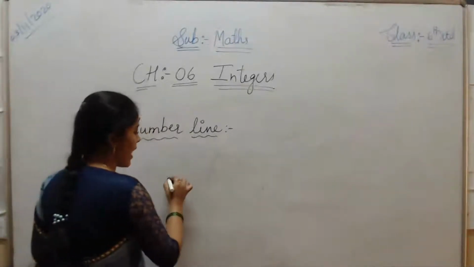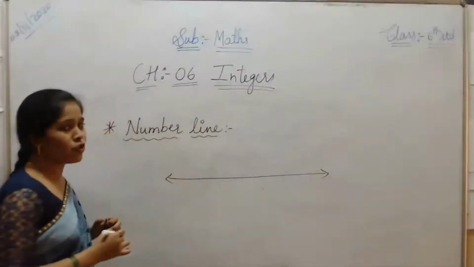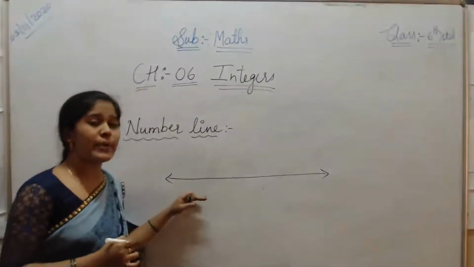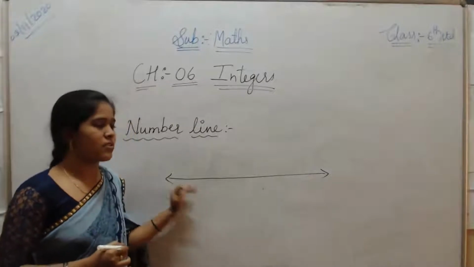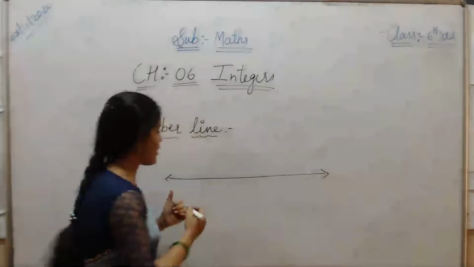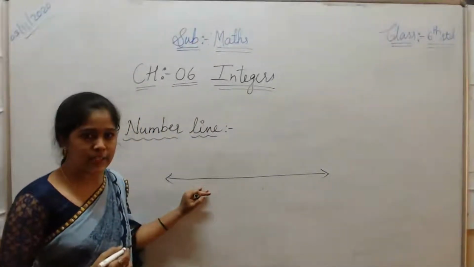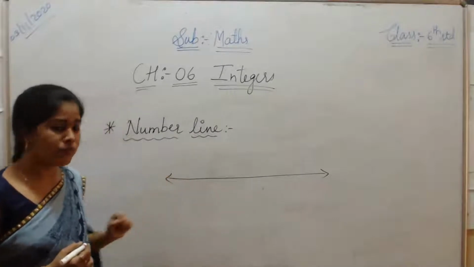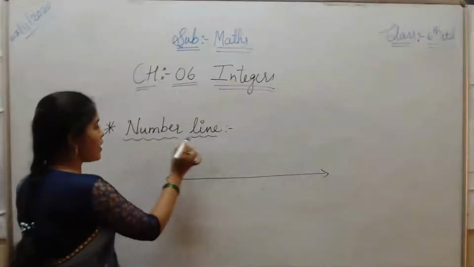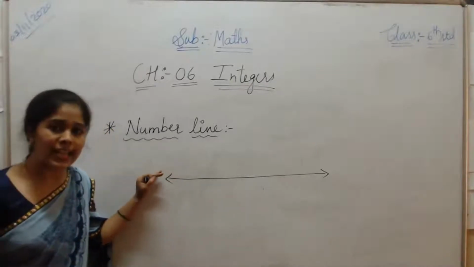We know that a line extends on both sides. Already we have learned in the fourth chapter, basic geometrical ideas, that a line extends on both sides. Arrow marks show the extension of these two sides. Number line means the numbers on the line.